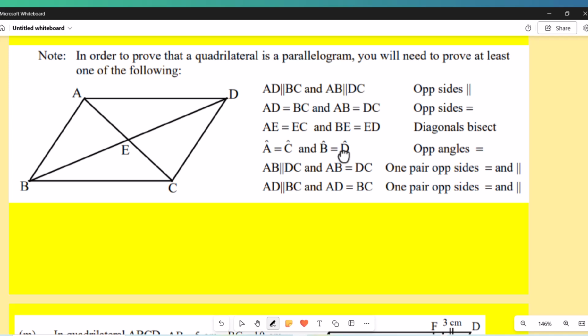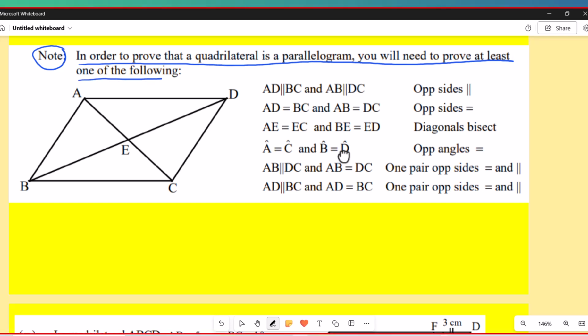Yes. Now, note something here: the question is going to say, prove that this one is a parallelogram, ne? So we can prove any of the following. In order to prove that a quadrilateral is a parallelogram, you will need to prove at least one of the following.